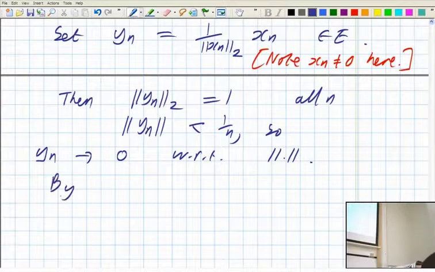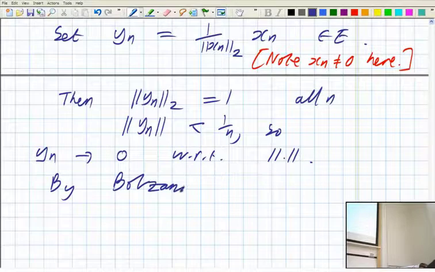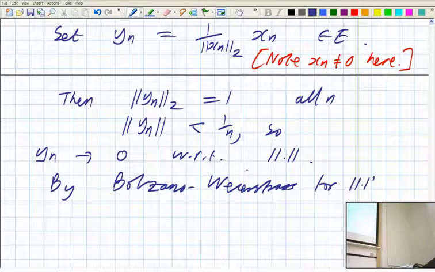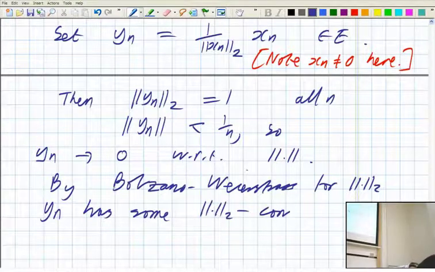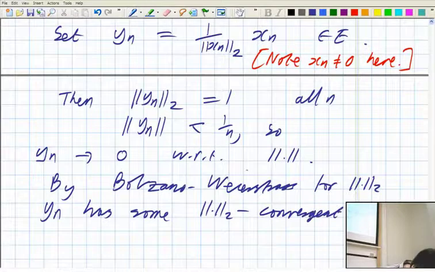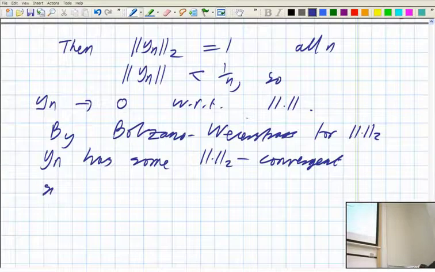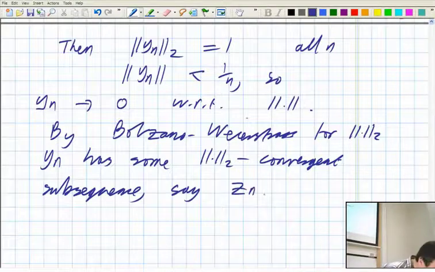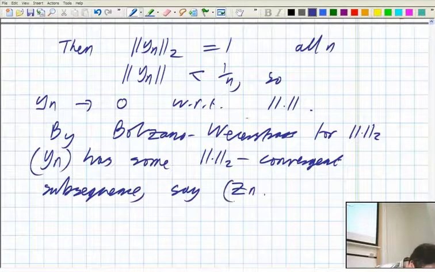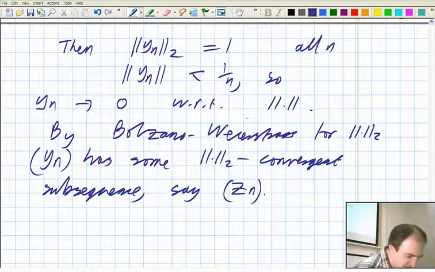By Bolzano-Weierstrass for norm 2, which we already know, the sequence yn has some norm 2 convergent subsequence, which I'll call zn.